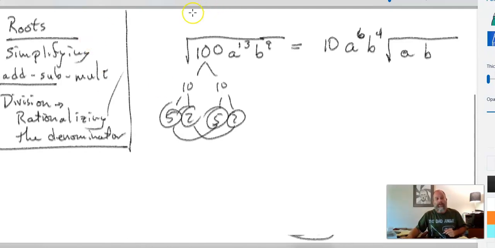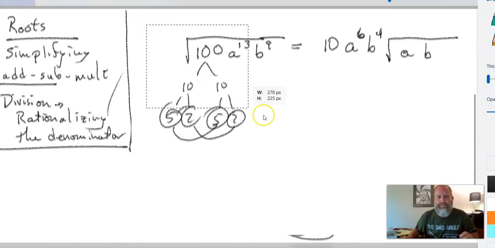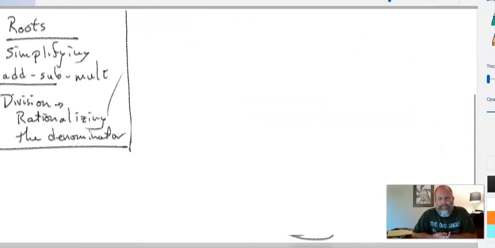So that pretty much wraps up most of what we need to do here as far as simplifying goes. Now we're going to take a look at adding and subtracting. Adding and subtracting is pretty straightforward. It's very much like polynomials.